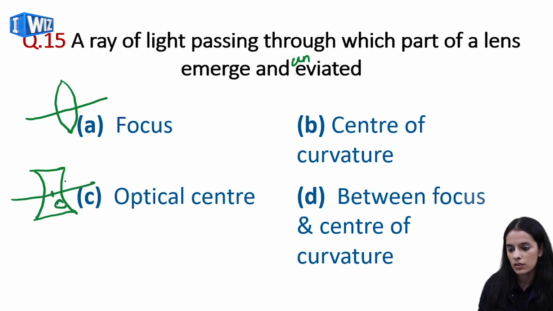Let's say this is the optical center. A ray of light, when it passes through the optical center, will go undeviated in both cases. So what is the right option from here? Optical center. Clear?